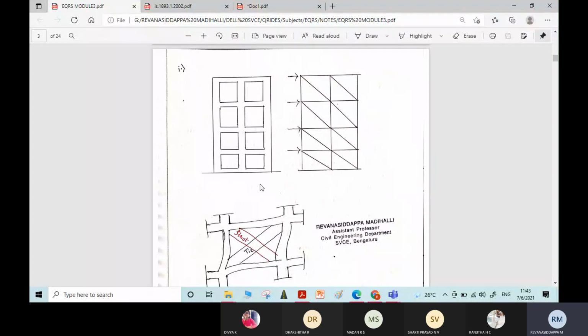We consider the dead weight of all the walls, which will be transferred to the beams, then from beams to the columns and columns to the foundation. These dead weights are considered for the design of structural elements. But the contribution of strength and stiffness of these walls to the frames is not considered.